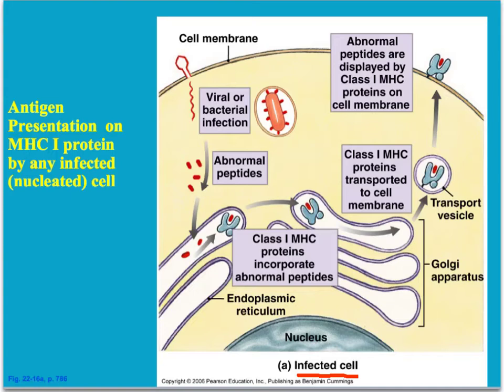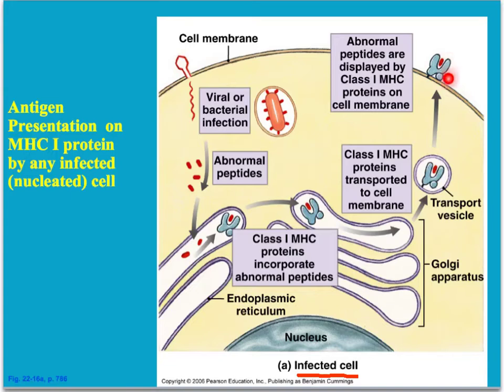Sometimes they're going to either be empty or they're going to have just normal peptide stuff. But if the cell happens to be infected, there's going to be certain abnormal peptides, which we consider to be antigens, present in that MHC1 protein, so that when it's popped up onto the surface, it's actually showing the antigen.